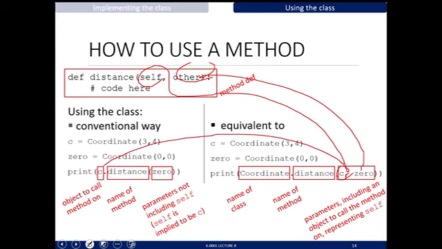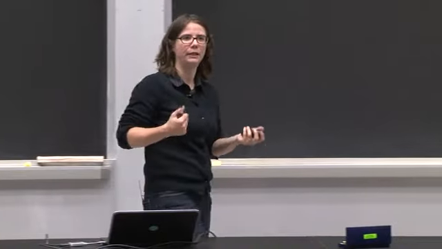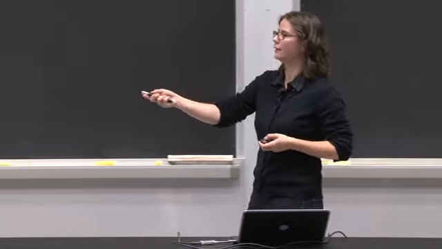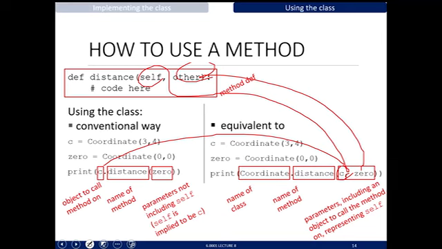And as I mentioned, Python implicitly says if you're doing the one on the left, you can call this method on a particular object, and it's going to look up the type of the object, and convert this on the left to the one on the right. And this is what you've been using so far. When you create a list, you say L is equal to 1, 2, and then you say L dot append 3 or whatever. So we've been using this notation on the left pretty much from the beginning of class.